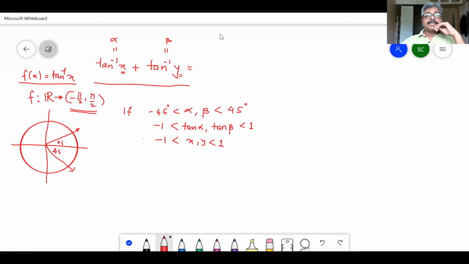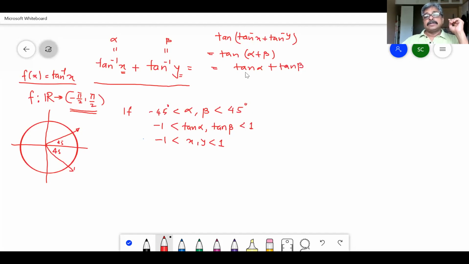This is alpha plus beta. So if we take tan of inverse x plus tan inverse y, it is equivalent to tan of alpha plus beta, and tan of alpha plus beta is tan alpha plus tan beta divided by 1 minus tan alpha tan beta.